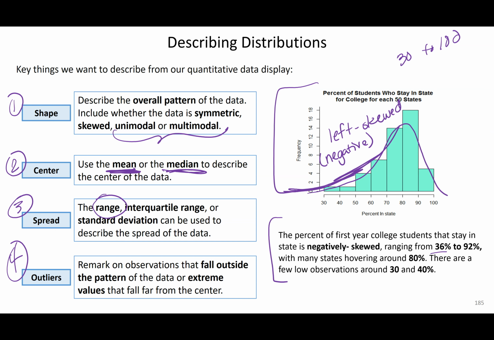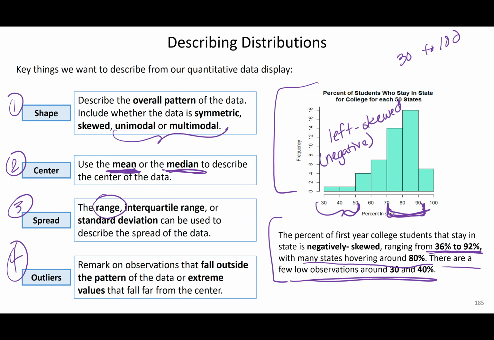Ranging from, and this is me knowing what the min and max are, 36% to 92%, with a lot of states hovering around 80. So we know the center's somewhere around here, so if you said, hey, it's between 70 and 90, I'd be happy with that. And you could say, hey, there are a few low observations around 30 and 40%, so you could talk about these seeming a little low.